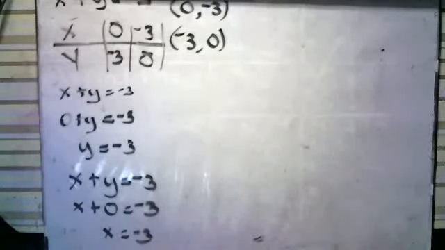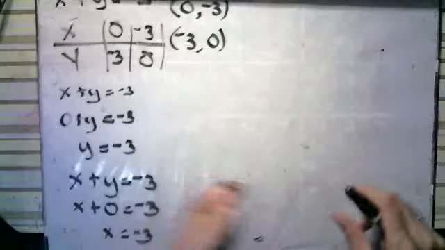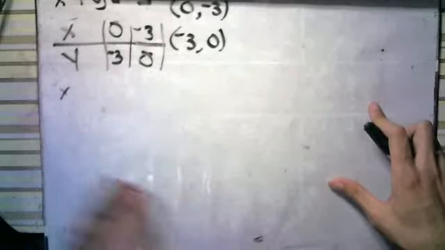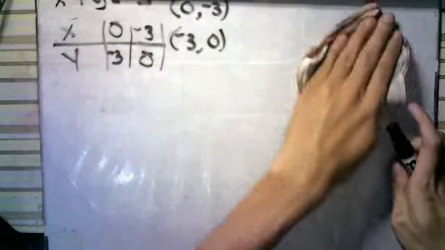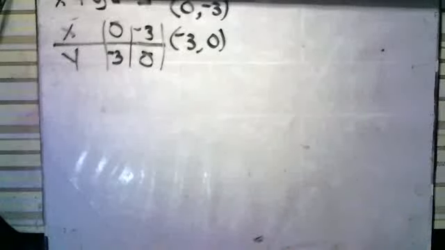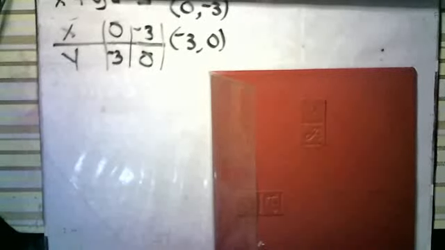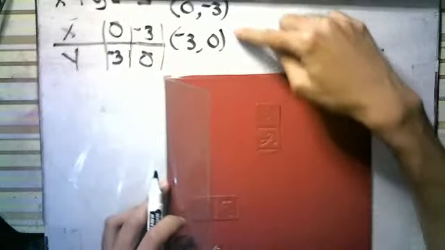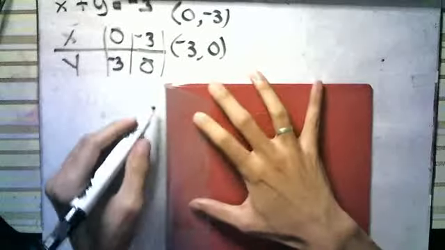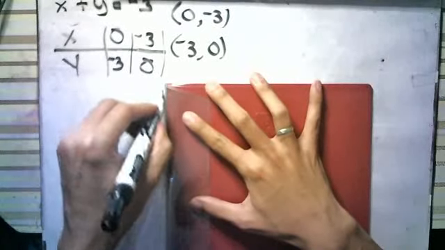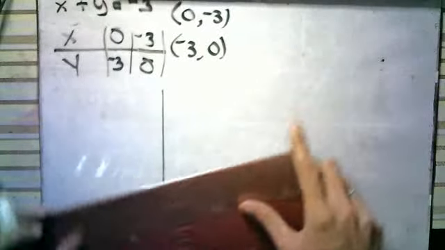So, we already find the two ordered pair. So, we need to make our Cartesian plane or the rectangular coordinate system in order to graph the two ordered pair. So again, perpendicular.